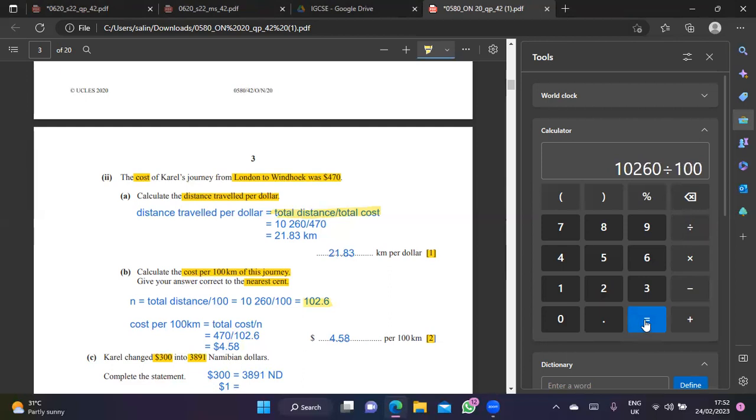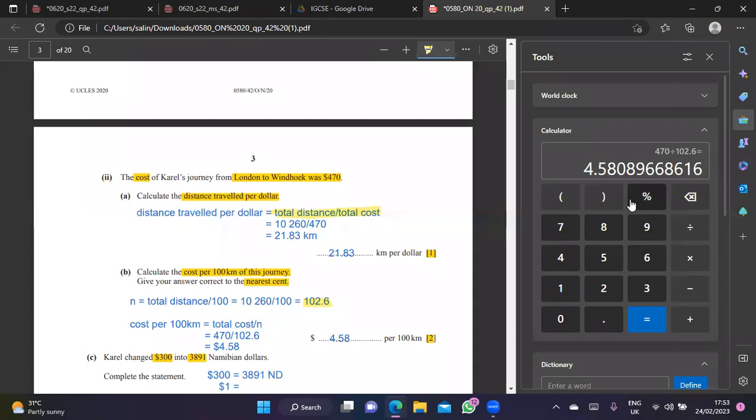There you go. We got 102.6. So what do you need to do now? Your total cost is actually 470. So you just take 470 divided by 102.6.